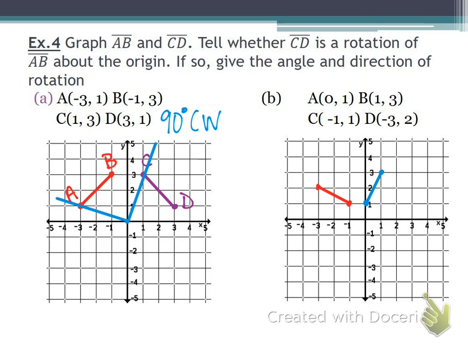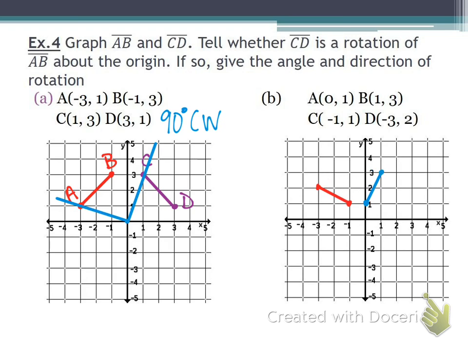All right. So we have to decide if we think this is a rotation about the origin. I see some people shaking their heads no. Anybody think it is? So there's one easy way to know that this would not be a rotation. Rotation preserves distance.